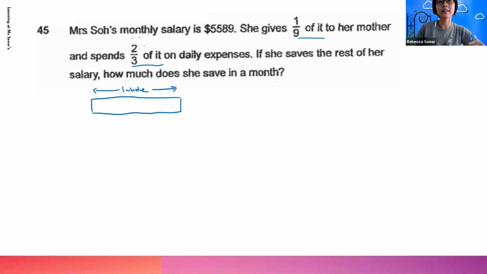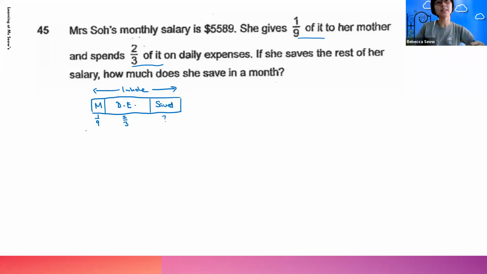So 1/9 of it to her mother, perhaps I'll write down M for mother, and 2/3 of it on daily expenses, and the rest would be saved.